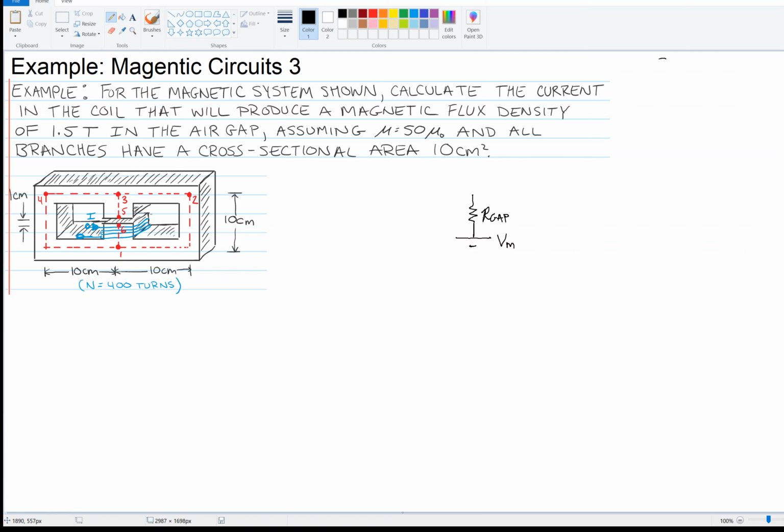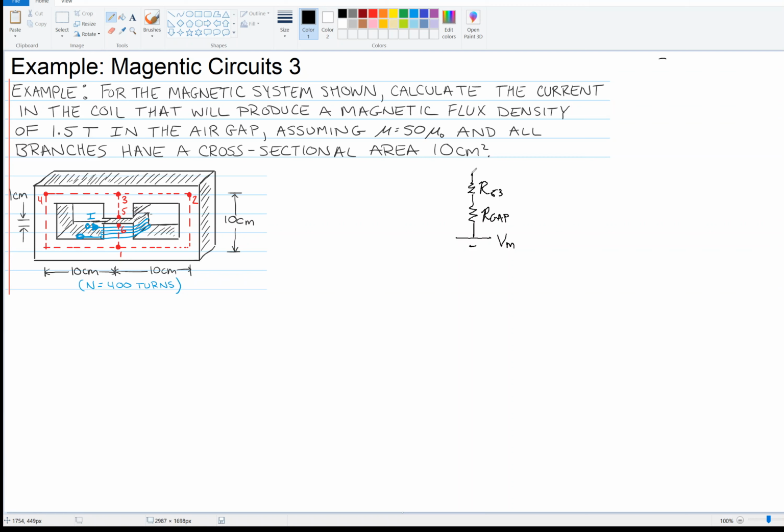Now, there are a few ways to do the remaining parts of this, but I'm going to do it this way because I think it's most clear, although it might not be most efficient. Then I have a segment from 5 to 3, so I'm going to put reluctance 5-3, and that's material. That's this material whose permeability is 50 mu 0.